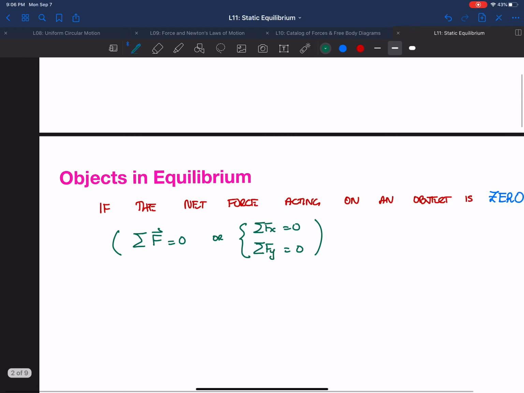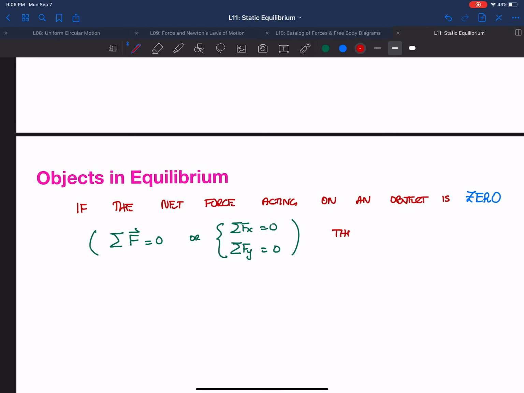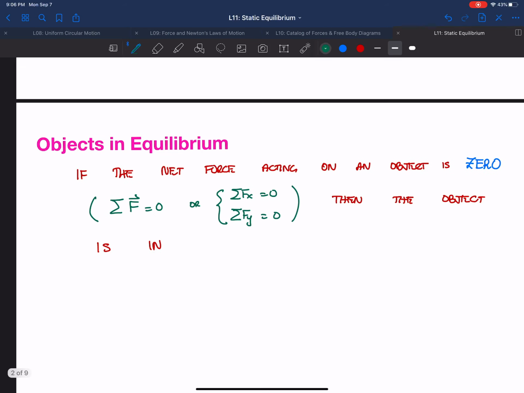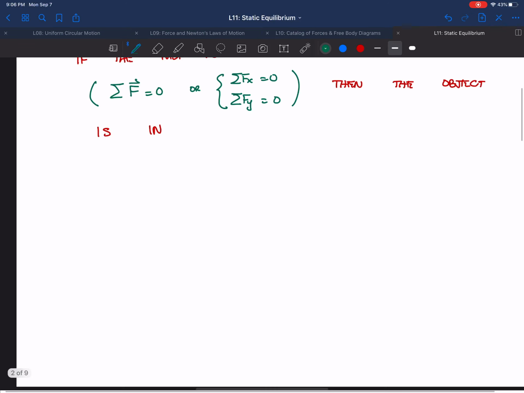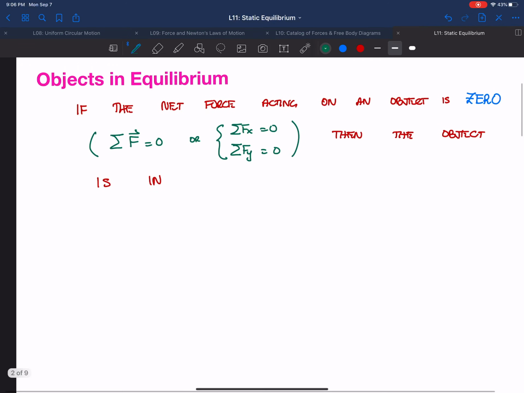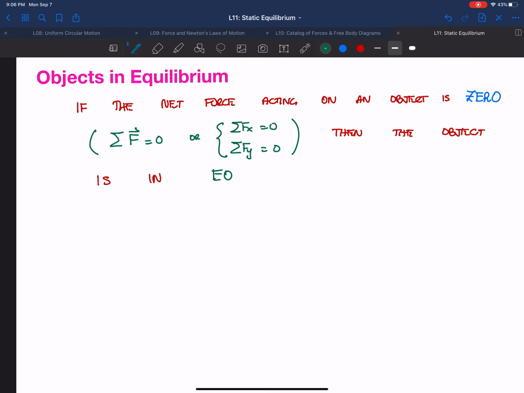Then we say that the object is in equilibrium. So we say an object is in equilibrium if the net force acting on it is 0.